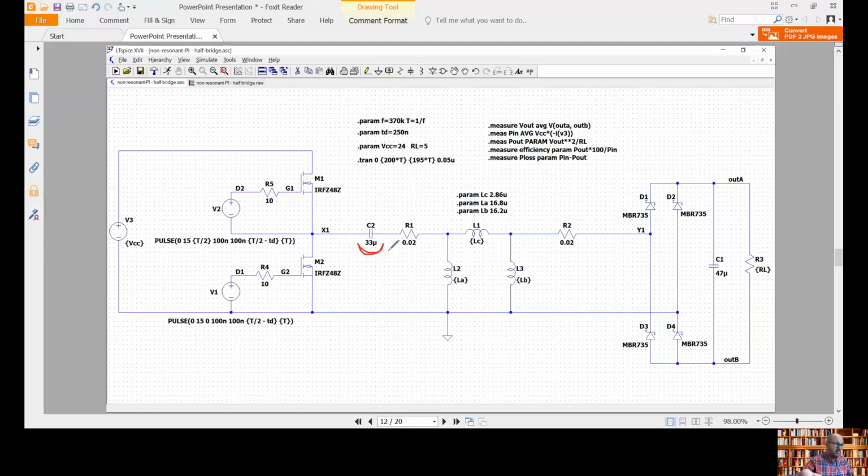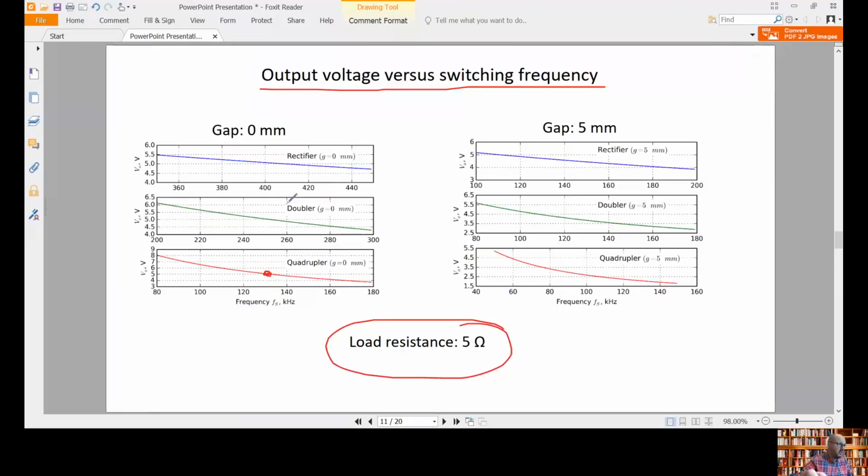So what we are going to have here is a square waveform voltage with a peak value of 12 volts, because we are supplying our circuit with 24 volts. And we are operating at 370 kilohertz. If we look here, it is something like this point, so we are going to have something like this value, around 5 volts.